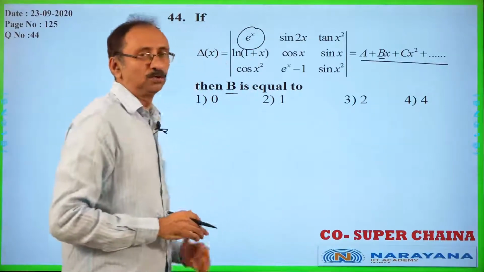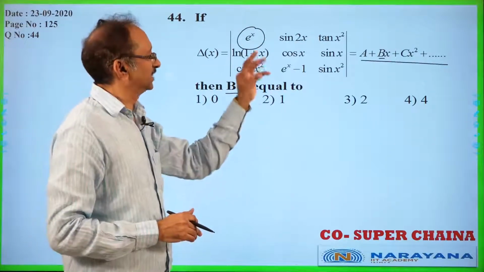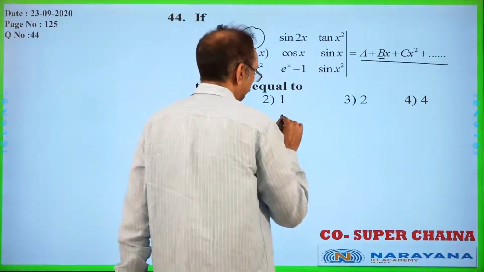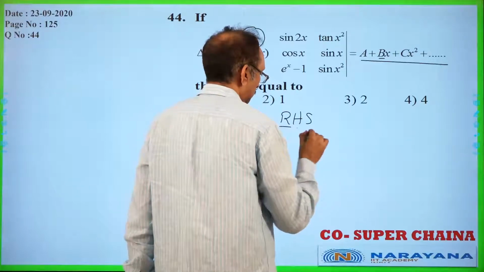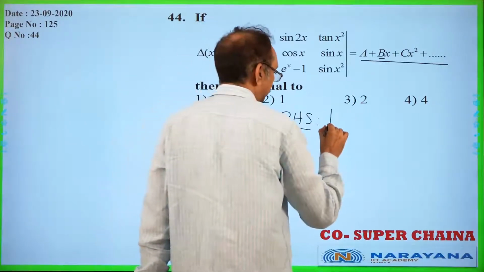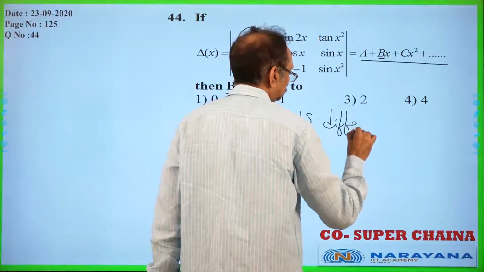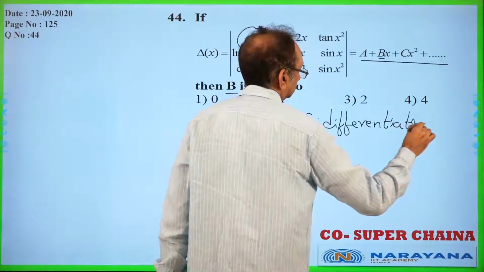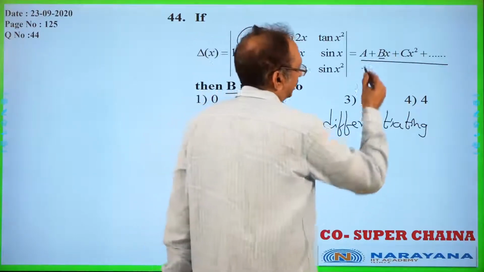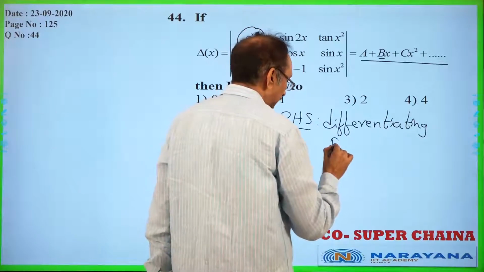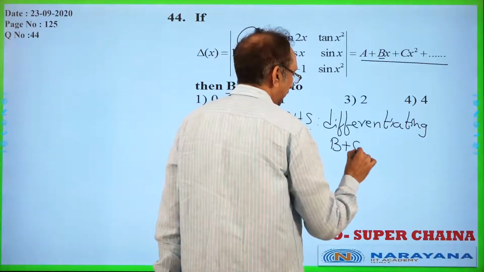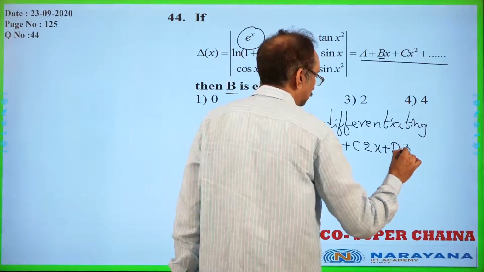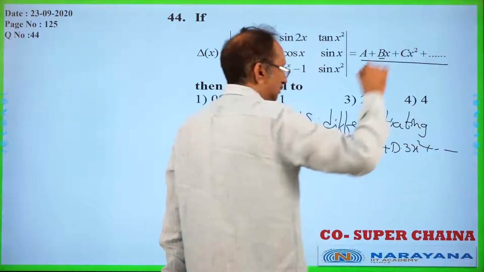B? That means we know how to do it. Simply differentiate that and substitute x is equal to 0. See, first of all, differentiating the right hand side: 0, b into 1 is b, plus c into 2x, plus the next term will be d into 3x square, plus so on.